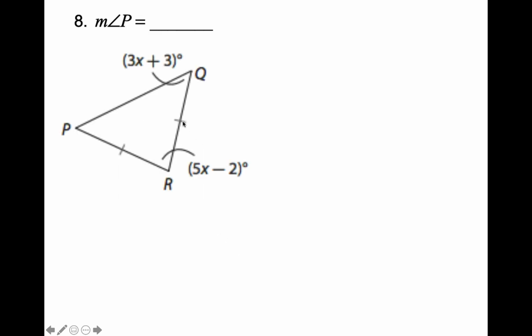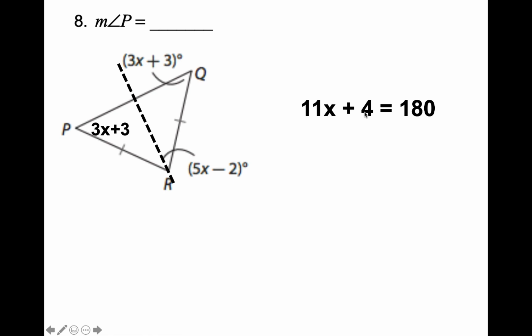For 8, notice these two sides are marked equal, so the line of symmetry is going to go between those two equal sides. So notice this angle Q will fold over and match up with angle P. So P is 3x plus 3 as well. These three angles will add up to 180 degrees. So 5x plus 3x plus 3x makes 11x. And then 3 plus 3 minus 2 makes 4.